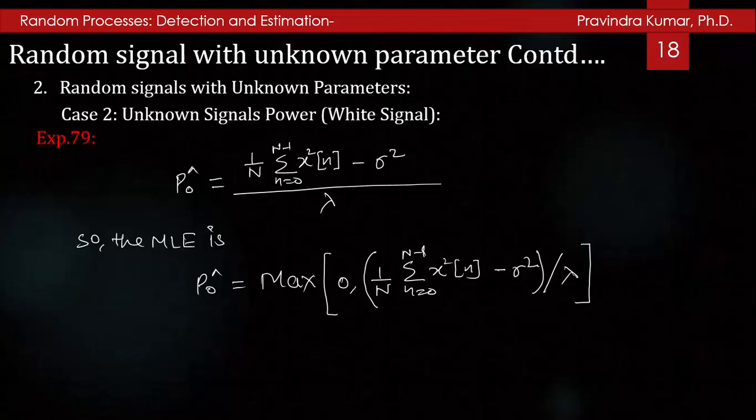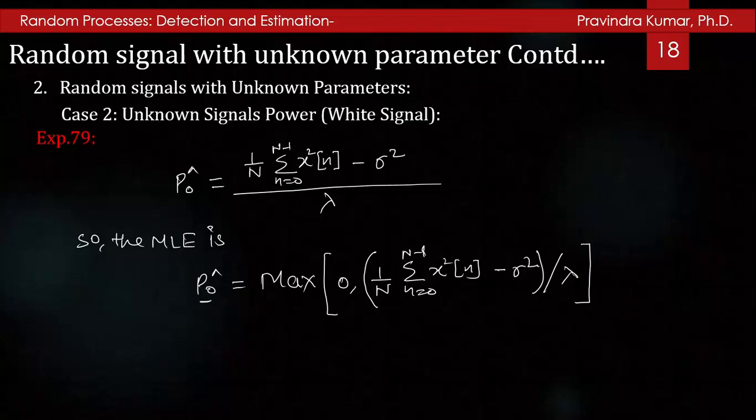If P naught is less than or equal to 0, then the MLE will be 0. So the MLE is P naught cap equal to the maximum of 0 and 1 by n summation n from 0 to n minus 1 of x square n minus sigma square by lambda.